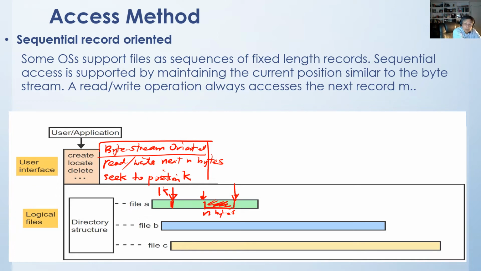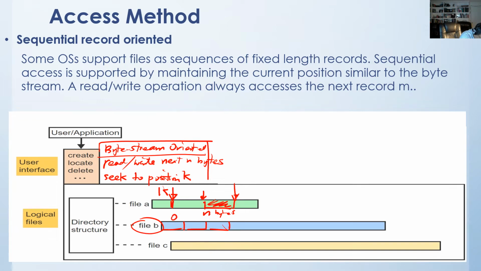Certain operating systems support files as a sequence of fixed length records. For example, like file B, the file is organized as fixed length records that all have the same length.